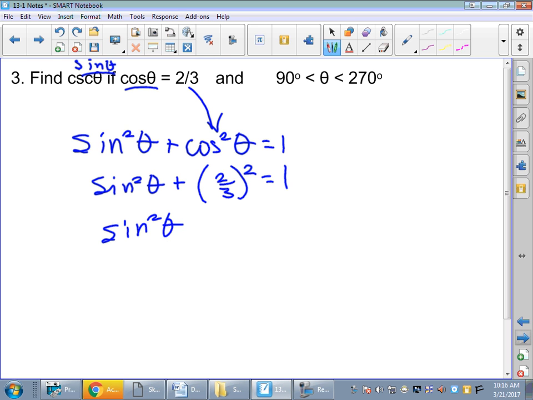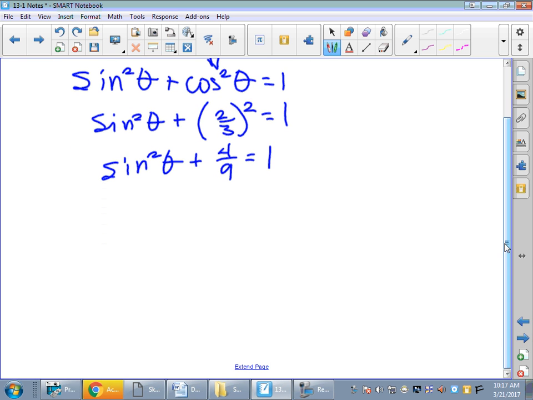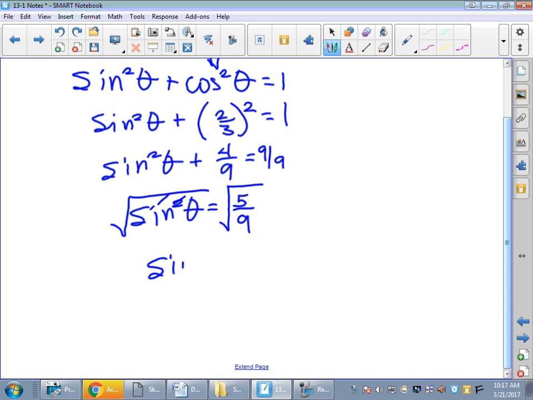Sine squared theta plus 4/9, don't forget to square the bottom, equals 1. I'm going to subtract 4/9 from 1. When you subtract 4/9 from 9/9, this is 9/9 now, 9/9 take away 4/9 is 5/9. We're almost there. Take the square root. Sine theta is equal to the square root of 5 over 3.